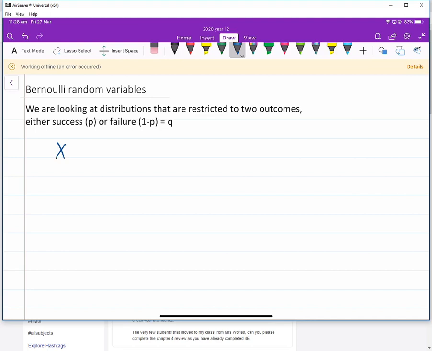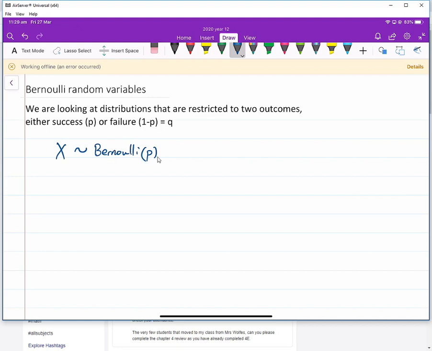Now you probably don't see that in your book with parameter p. So this is how we would normally say it. If we see this, we say X is distributed as a Bernoulli distribution with parameter p.